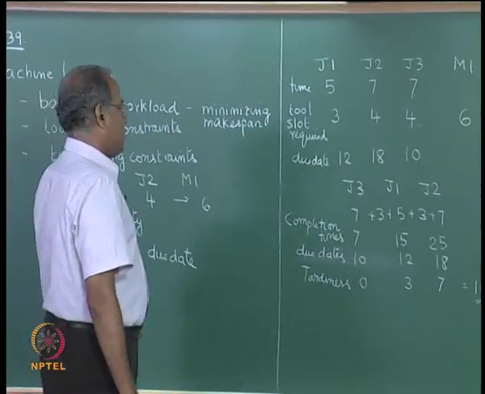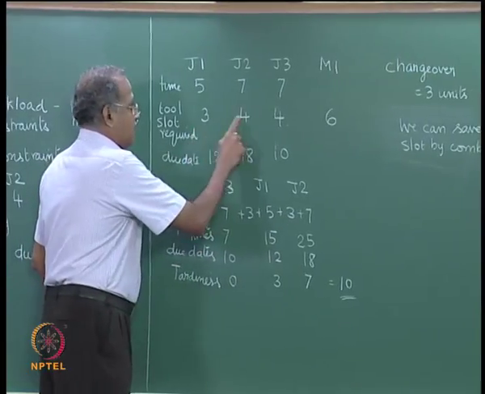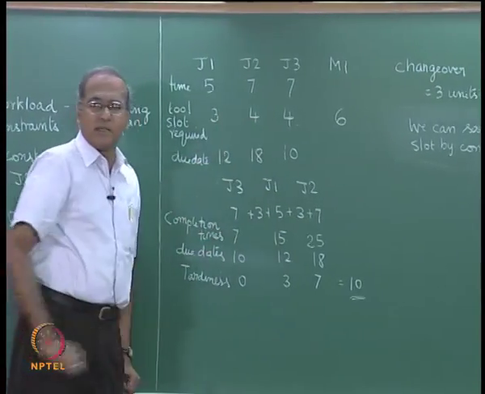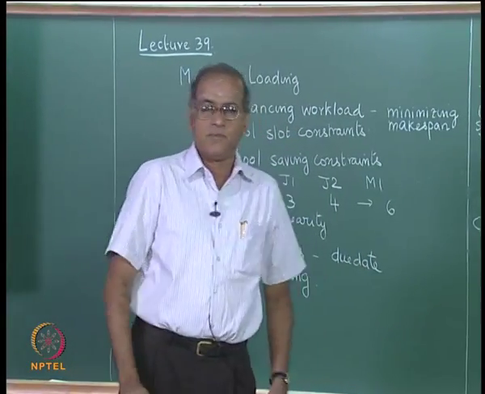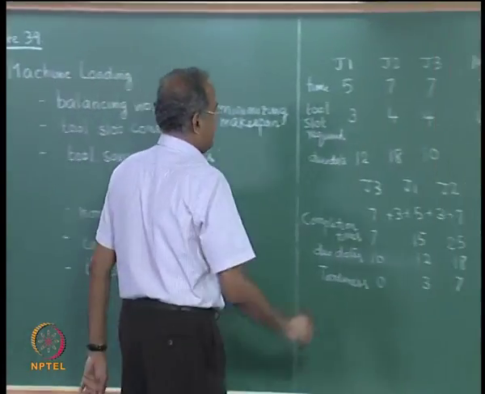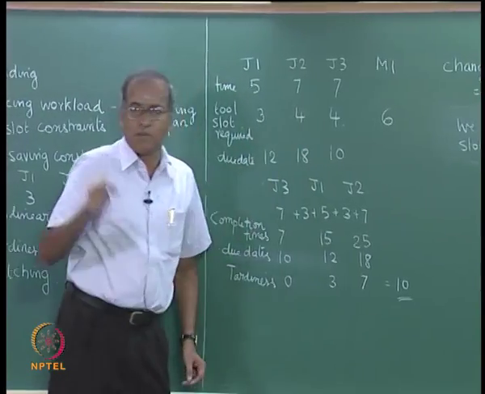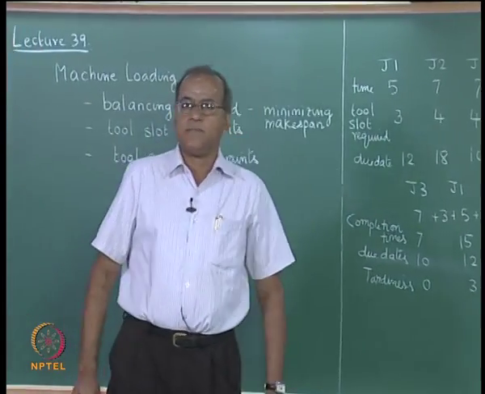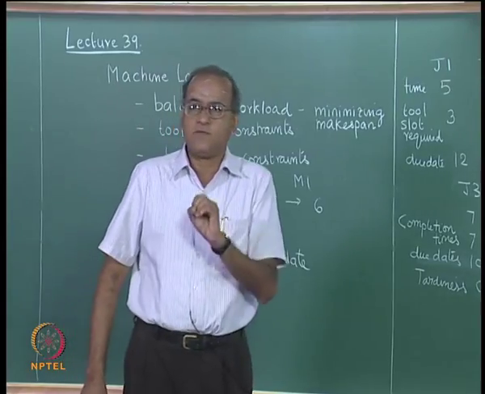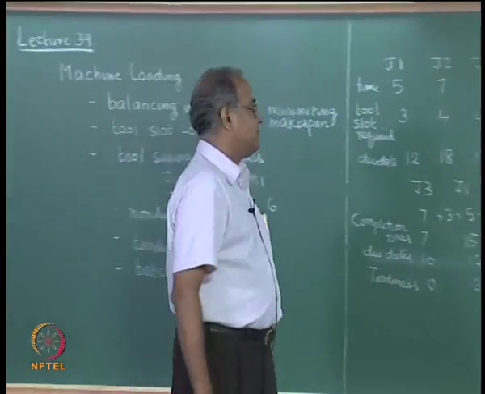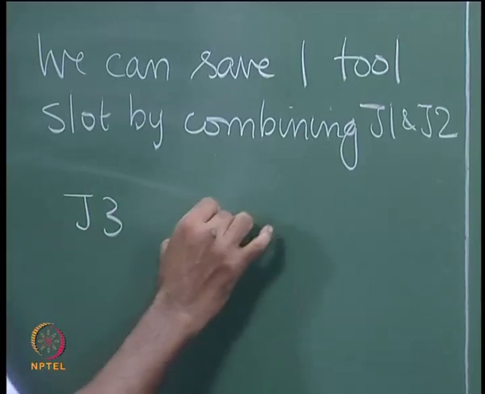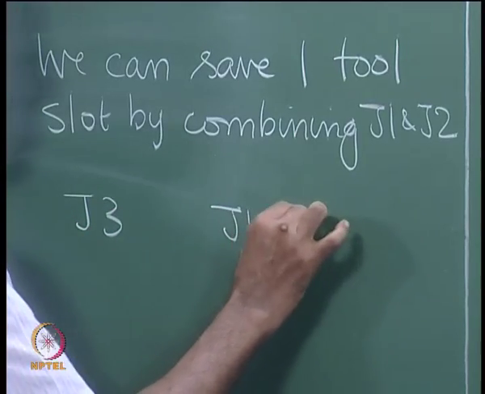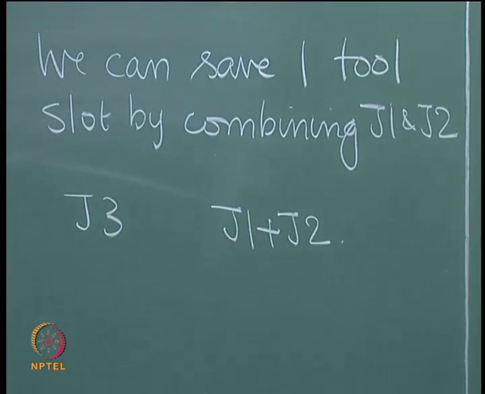Now, since we can save 1 tool slot by combining J1 and J2, when we combine them we require 3 plus 4 minus 1, 6 tool slots. So, it is enough to run 2 batches. So, first batch will be J3 and the next batch will be J1 plus J2.